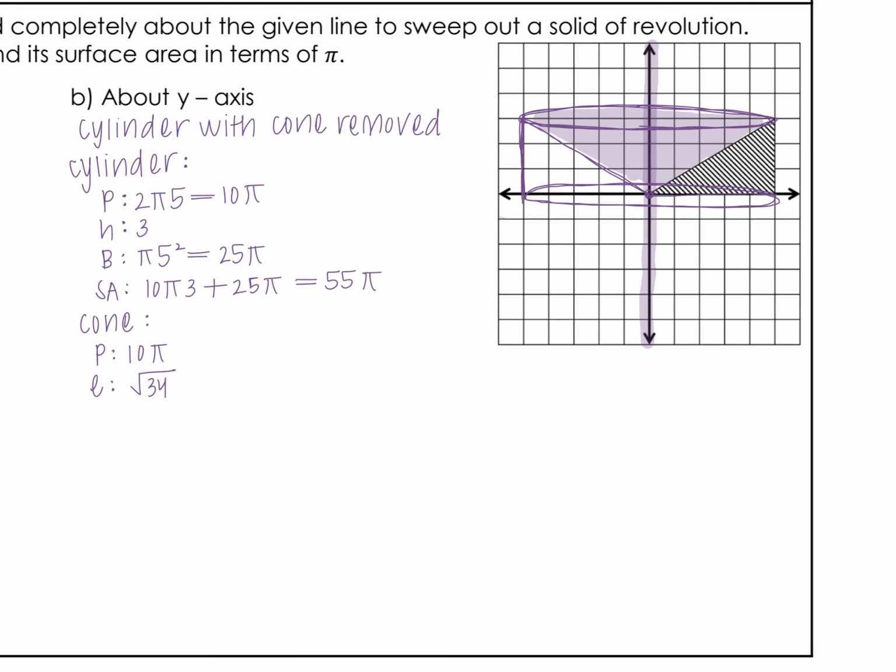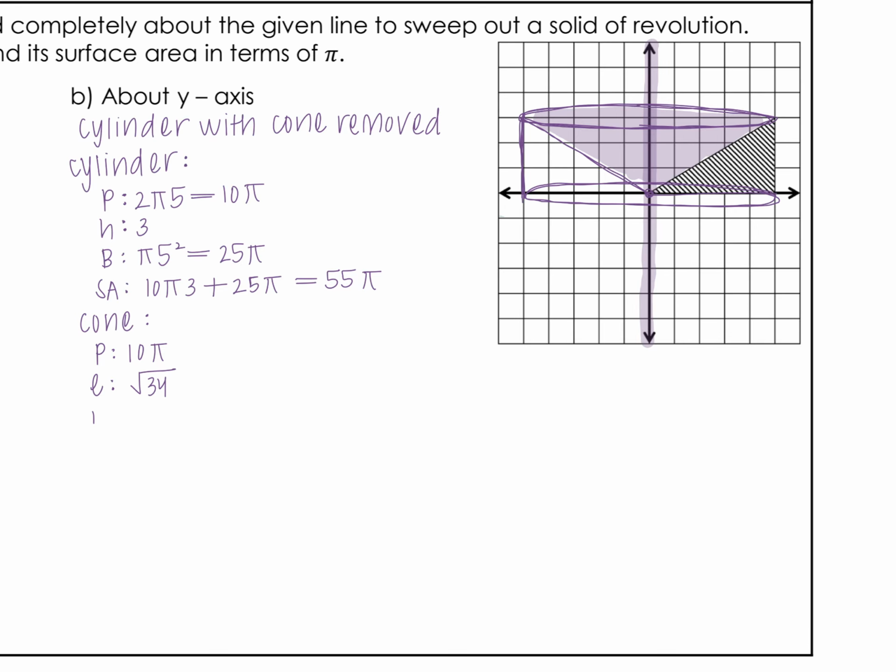And so now I can plug into my formula for lateral, which is 1/2 my P, so 10 pi, times my slant height of the square root of 34. Okay, so solving that, we've got 1/2 of 10 gives me 5 pi, times that square root of 34. I cannot simplify. So that becomes my lateral area.